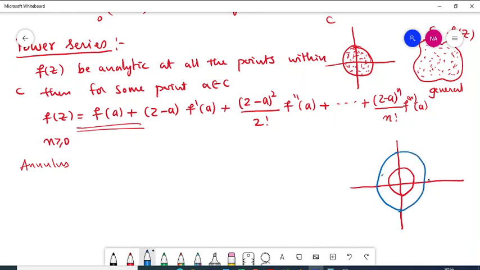So annulus is the region bounded by two circles: mod z equal to r1 is one, mod z equal to r2 is the other.